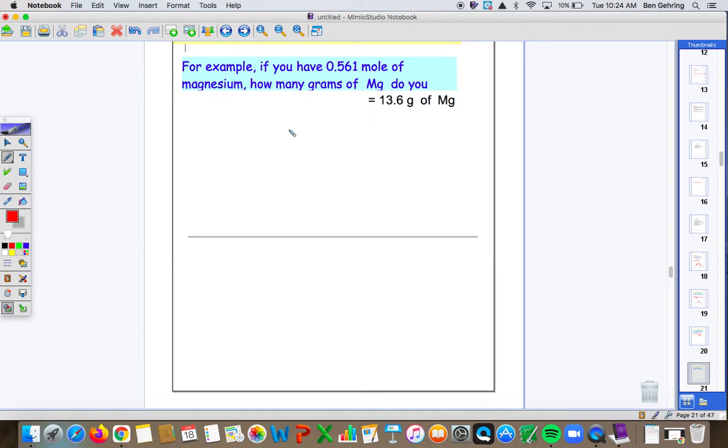Now, what if we go from moles to grams? So we have 0.561 moles of magnesium. I'm going to grams. So remember back on Mole Mountain, we have moles and grams, masses on this side.